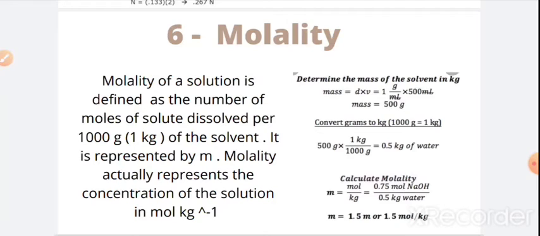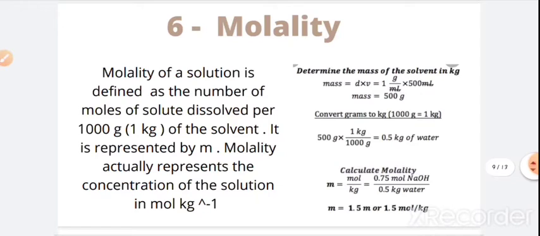Molality actually represents the concentration of a solution in mole per kg. Over here in molality, the number of moles should be divided by 1 kg of solvent, not 1 liter of solvent. Let's take an example.